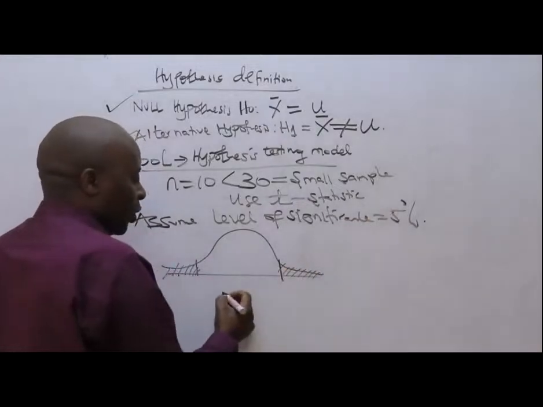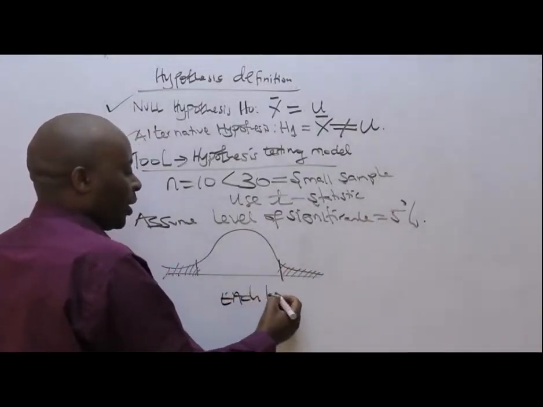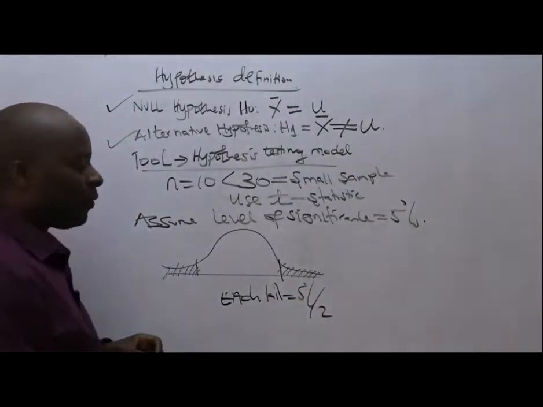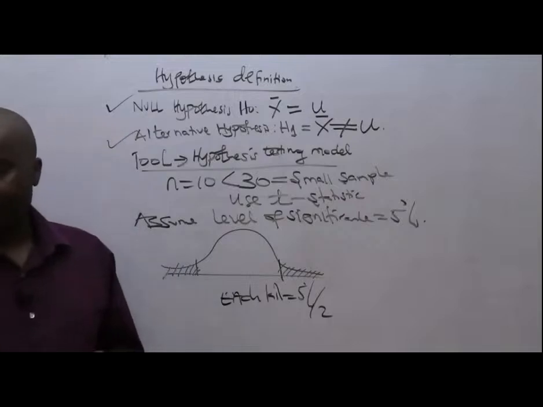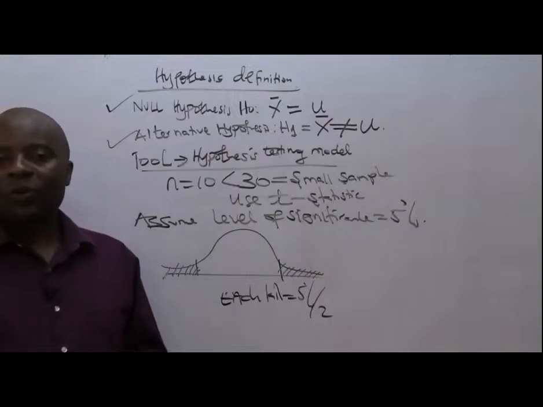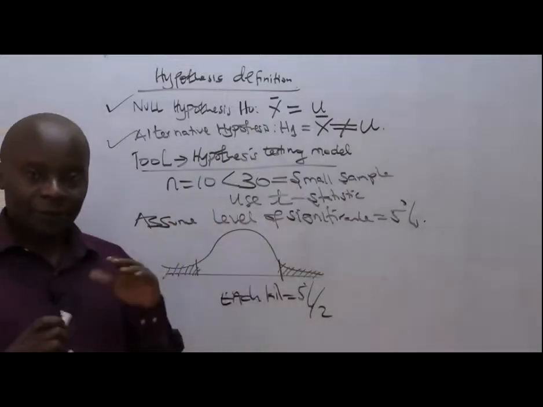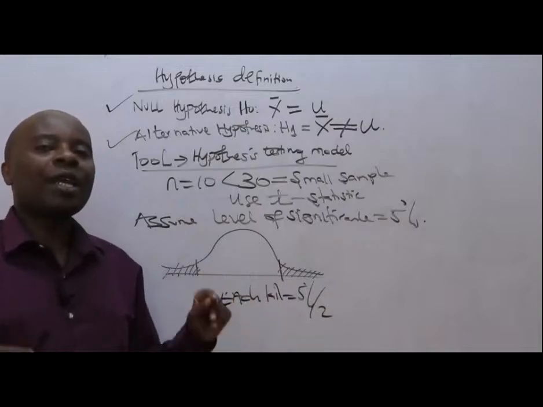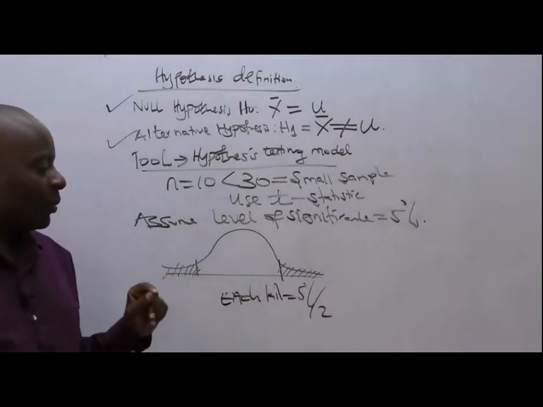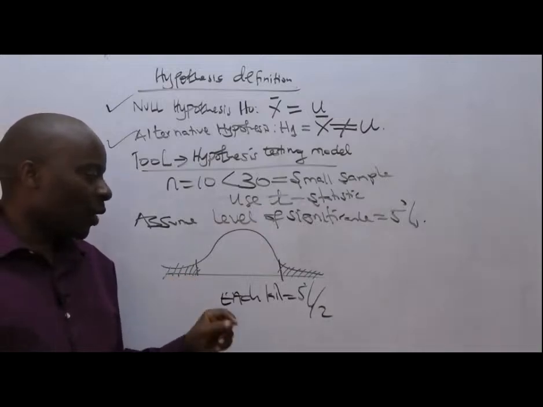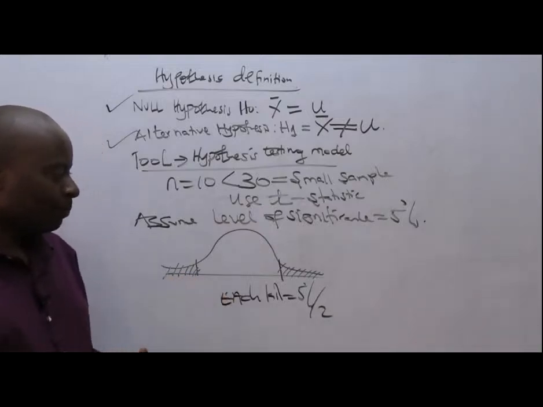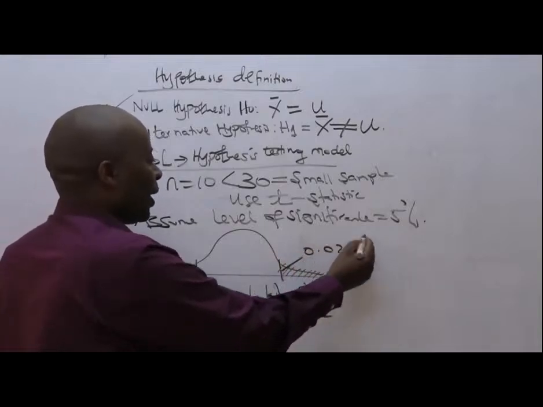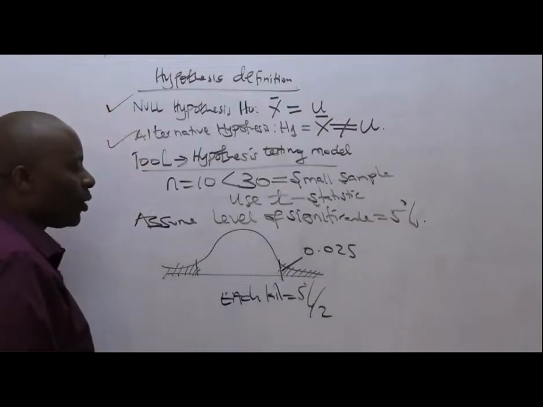So each tail will be 5% divided by 2. Whatever level of significance you've assumed, that level has to be shared out between the 2 tails, so each one takes a half. This is 0.025.